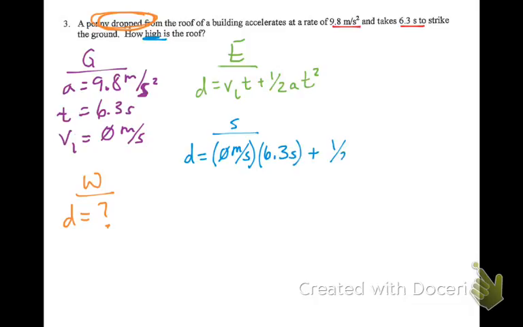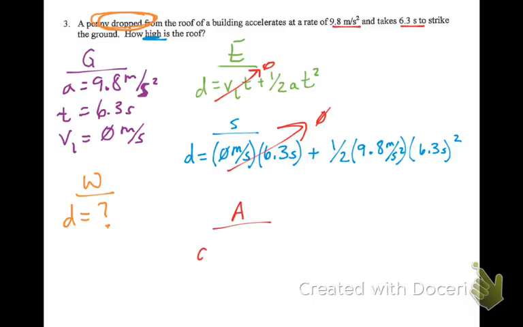We've got 1/2 times our acceleration due to gravity, 9.8 meters per second squared, and our time of 6.3 seconds squared. You'll notice that when you have 0 for your initial velocity, it's always going to go to 0, which means sometimes you don't even need to put it into your substitution. I always put it in just to be on the safe side.